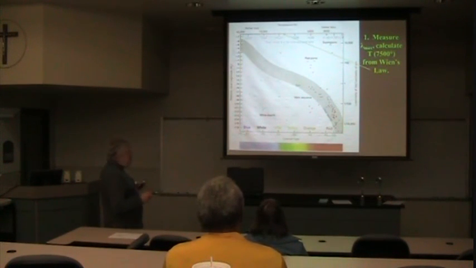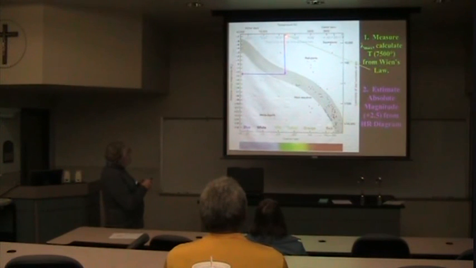Okay, so here's how we determine the distance to a star using the main sequence fitting, aka spectroscopic parallax. You take the spectrum of the star, measure its maximum wavelength, and you calculate the temperature using Wien's law. The example I picked here is one that's at about 7,500 degrees Kelvin on its surface temperature.